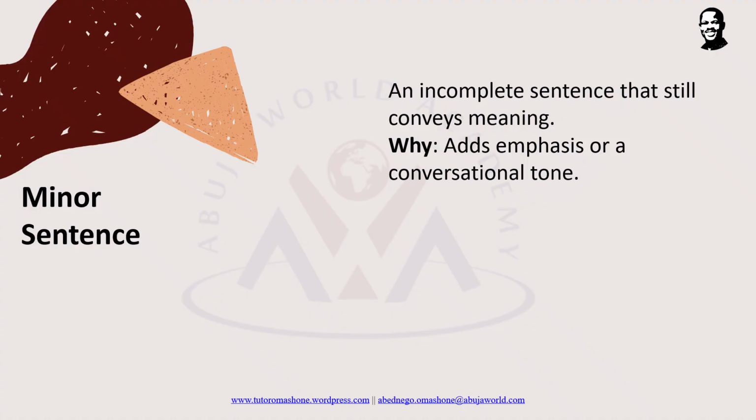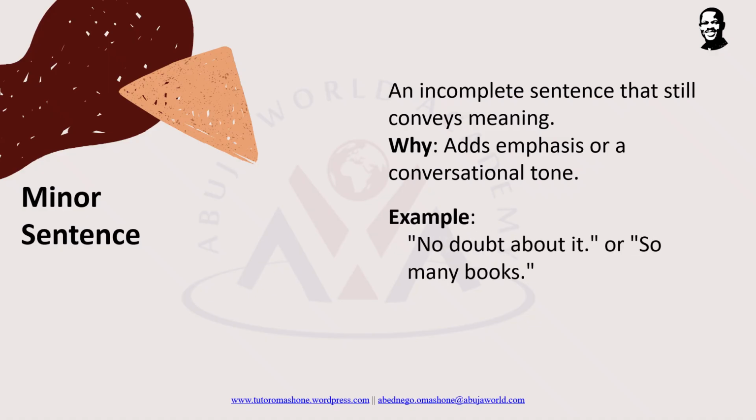So when you encounter minor sentences, you could interpret it that the writer is trying to lend a conversational tone to the writing. For example, you have here, don't mind my repetition: No doubt about it. No, so many books.